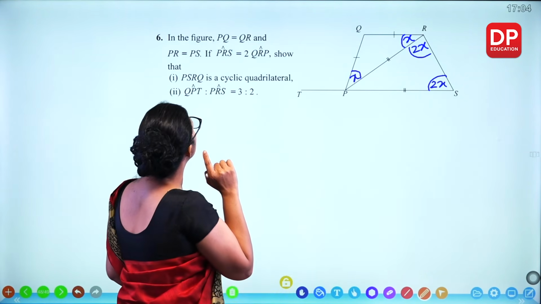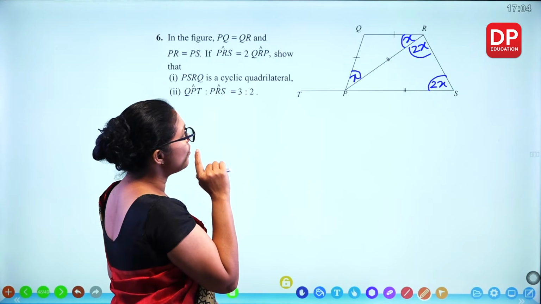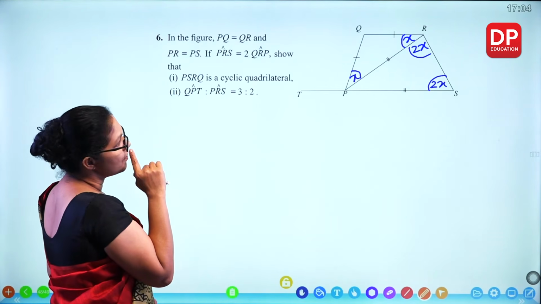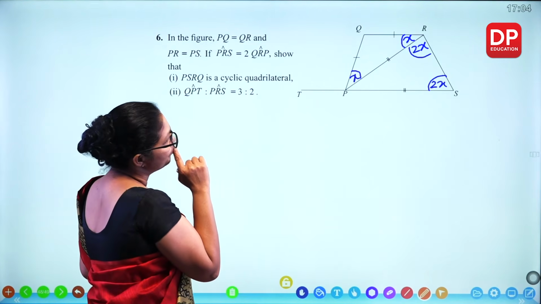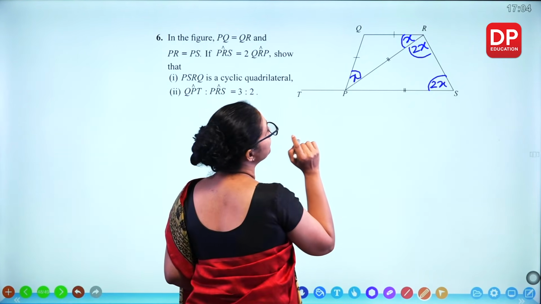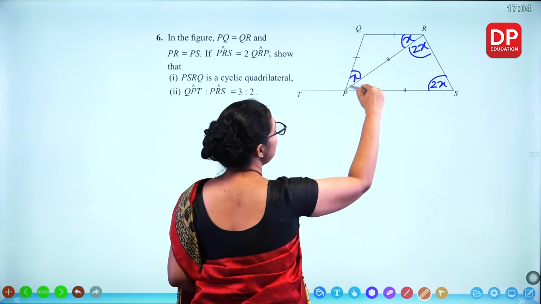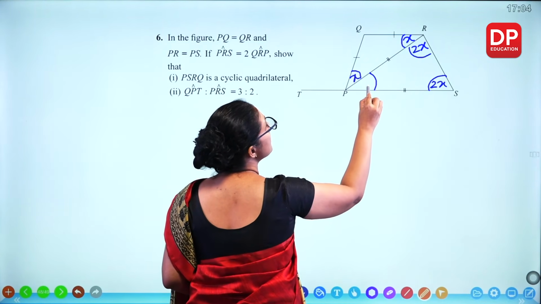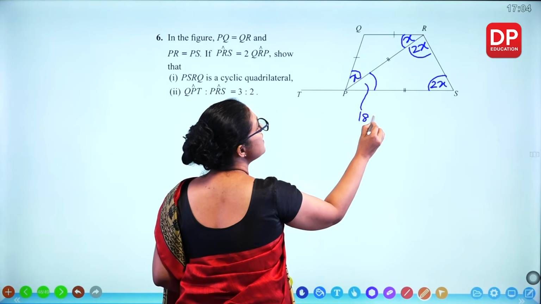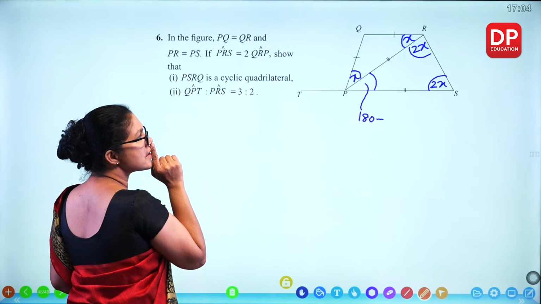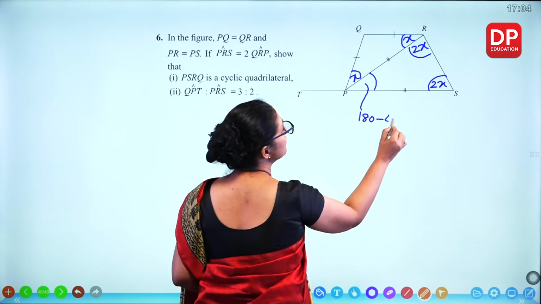Then you are asked to show that PSRQ is a cyclic quadrilateral. Now what's this one? From this triangle I can find out this angle is 180 minus 2x becomes 4x.